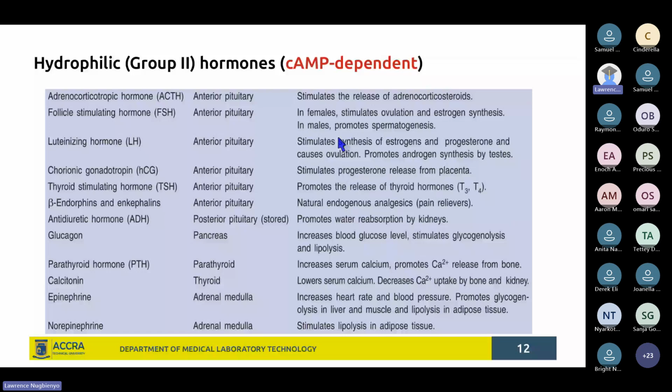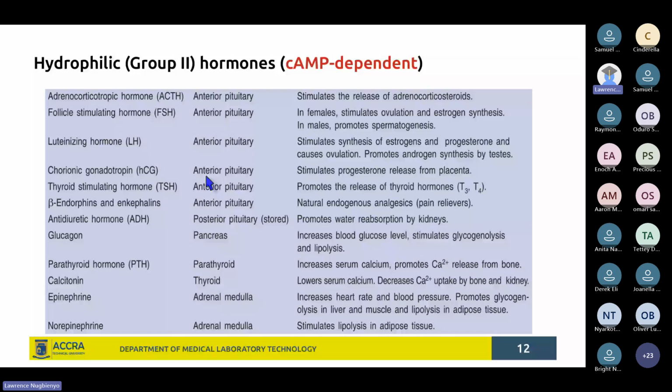In males, the luteinizing hormone, again, is promoting androgen synthesis, male hormone synthesis by the testes. You have the chorionic gonadotropin, stimulating progesterone release from the placenta. So that is going to be in pregnancy.